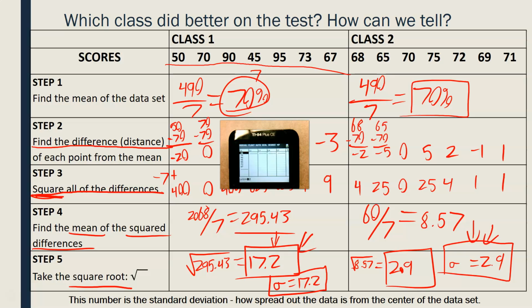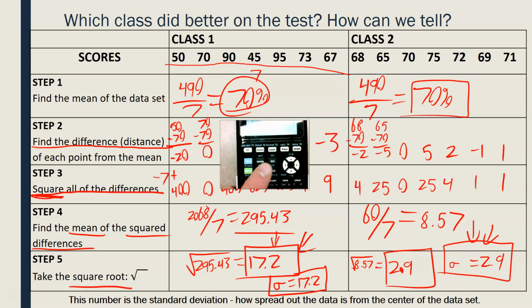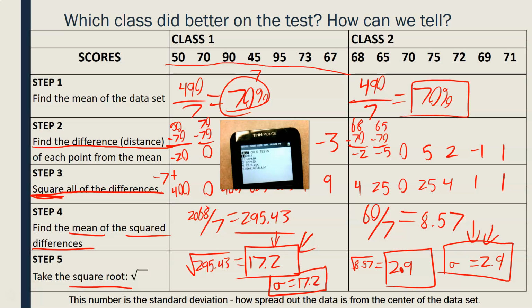Okay, next thing I'm going to do, I'm going to click Stat again. In this Stat menu, if I click to the right, under this CALC option, it says 1-var stats. That stands for one variable statistics. So I'm going to click 1. Here, I'm going to select the list that I want to use.